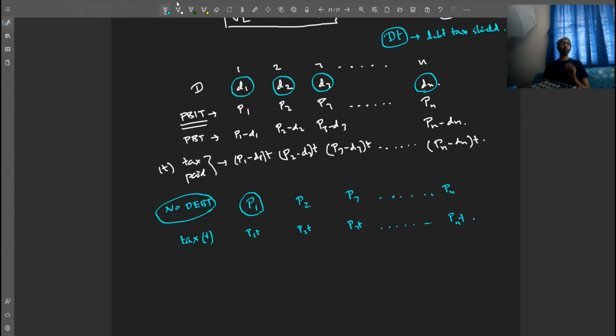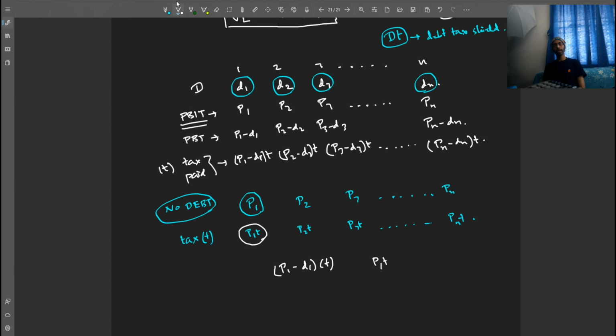Now friends, consider one thing. Let's say period 1, P1, and let's compare the tax amount paid. In the case when there is interest payment, the tax amount paid is P1 minus D1 into T. But when there is no debt, the amount paid is P1 into T, right?